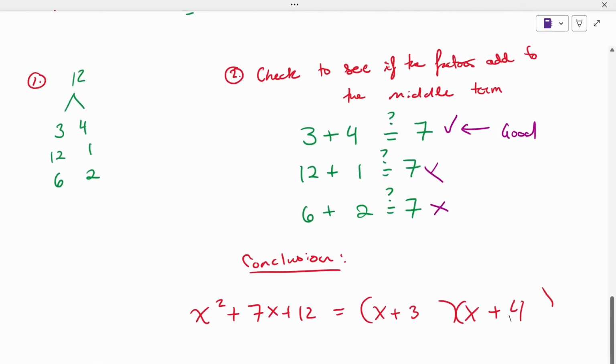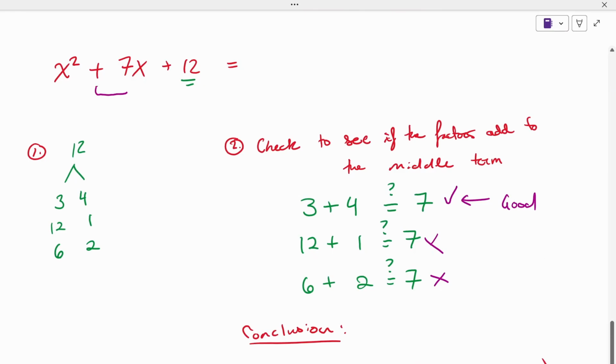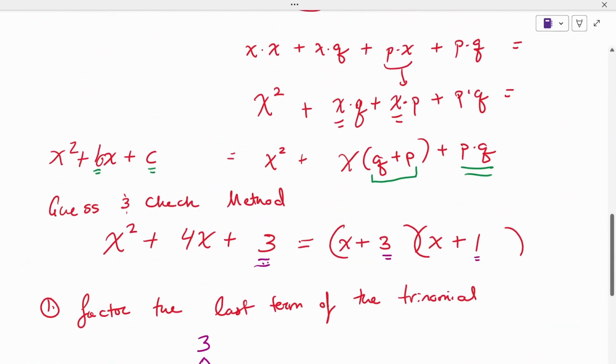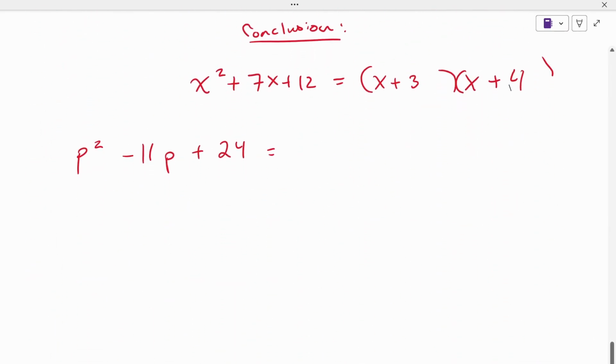Now, the first issue that we have, if students didn't catch it, is that this b term, originally the b term was positive. Now our b term is negative. This is just going to present a slight nuance to what we're going to do in step number 2.